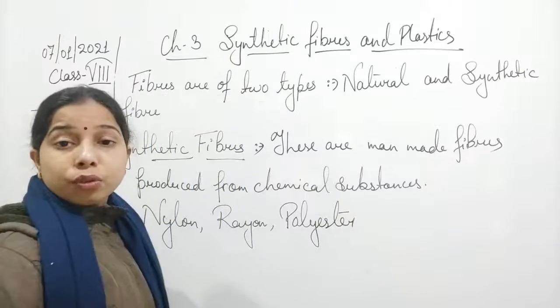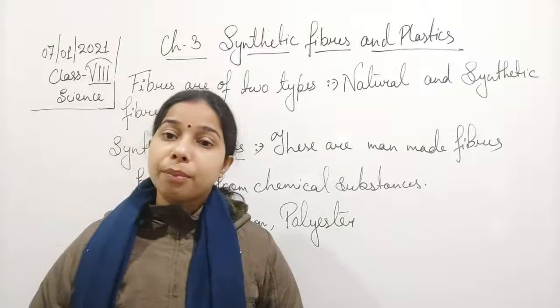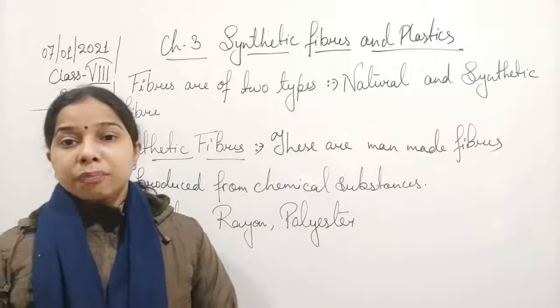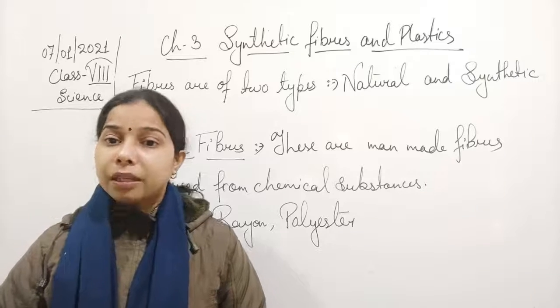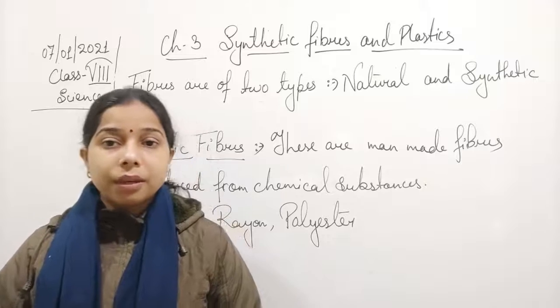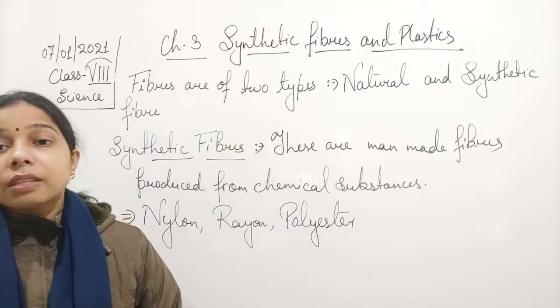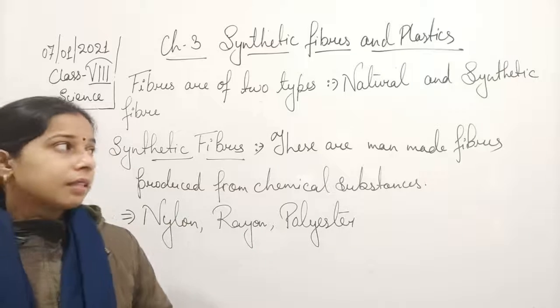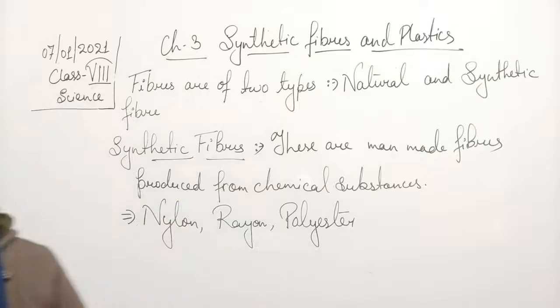So these are a few examples of the synthetic fiber. Synthetic fiber means, students, the fiber which is man-made, prepared by man with the help of chemical substances. So these are the two different types of fiber. First is the natural fiber, the second one is the synthetic fiber.